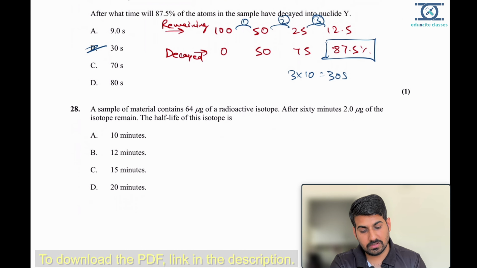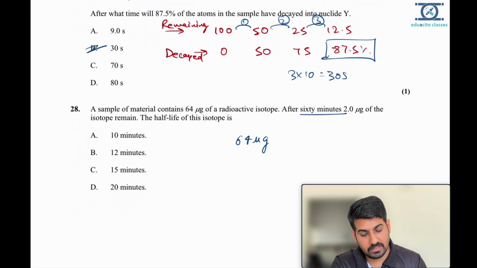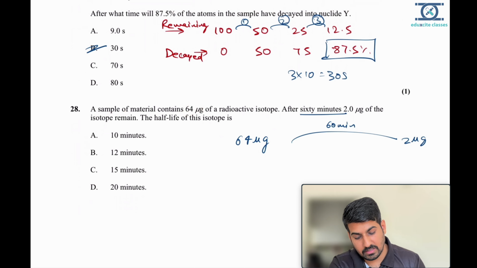And the last question of the day. A sample of the material contains 64 microgram initially. After 60 minutes, it becomes 2 microgram. The half-life, now, from 64 it will go to 32. This is the first half-life.